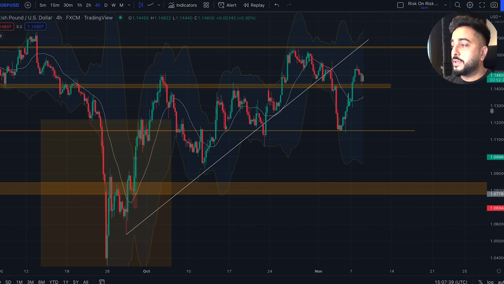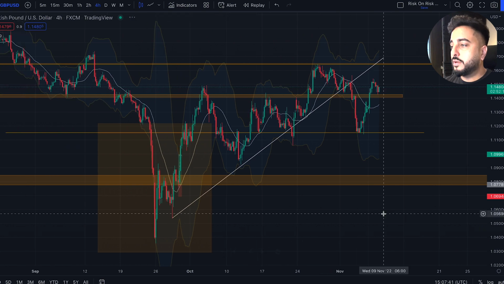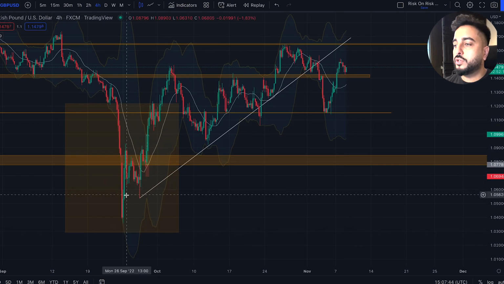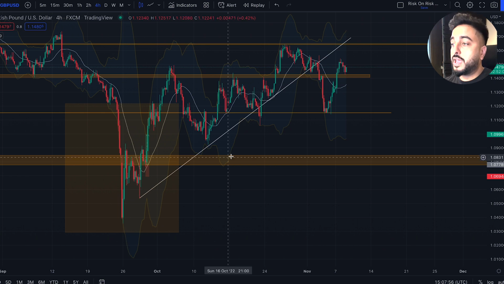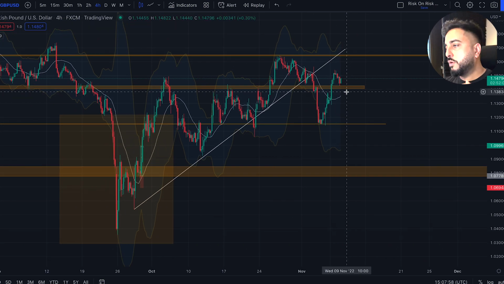Now, I'm going to be extra ballsy. That's right. I believe that we have a strong opportunity to take out all-time lows. Now, this is because of, again, the big, massive macro picture, inflation. There's so much going on right now with the UK that, for me, it's only looking like short opportunities.